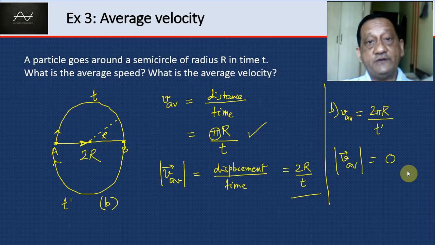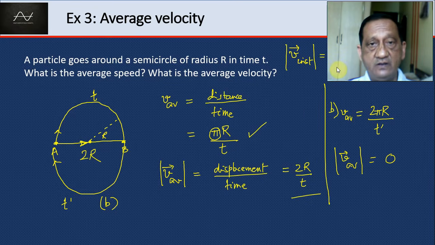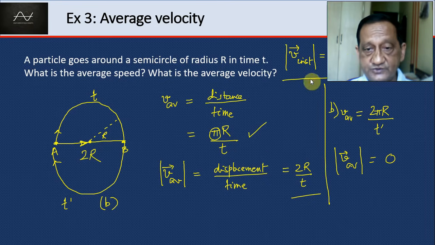But if I talk of instantaneous speed and instantaneous velocity, then the instantaneous velocity magnitude at that instant will be equal to the instantaneous speed at that instant. That is always true.